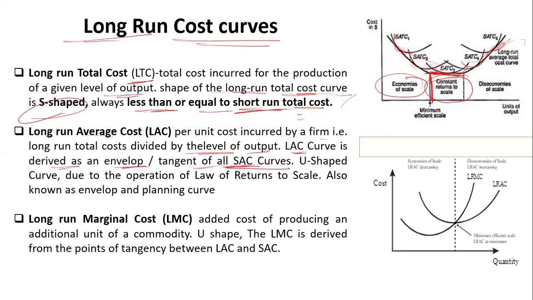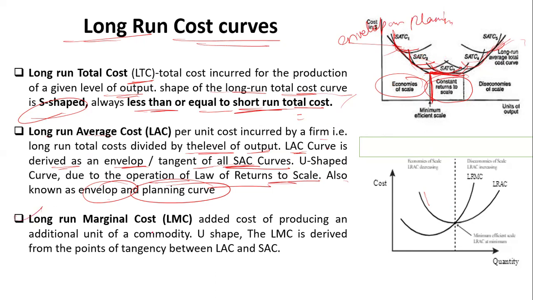The long run average cost curve is derived as a tangent to all the SAC curves. The SAC, the short run average cost, is U shape. Every point they touch creates a U shape curve due to the operation of the law of returns to scale, also known as the envelope or planning curve.